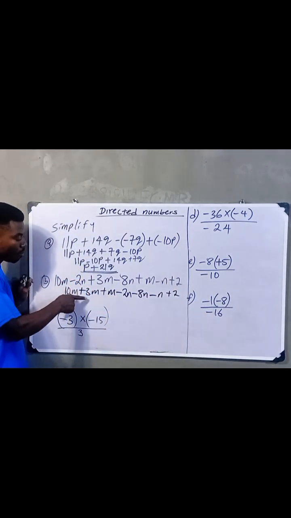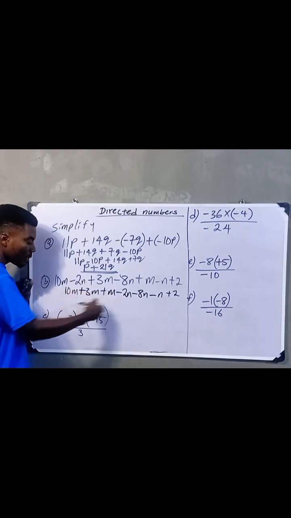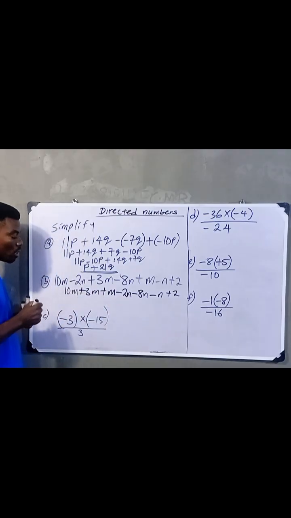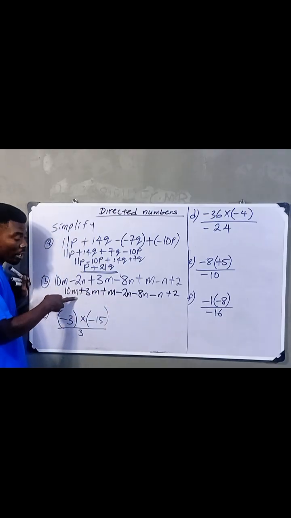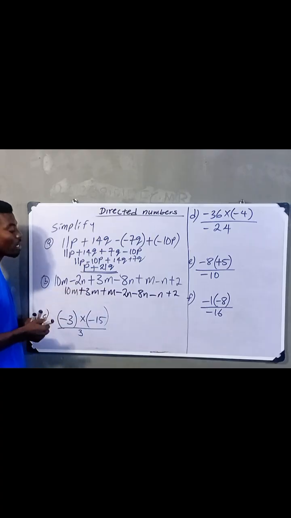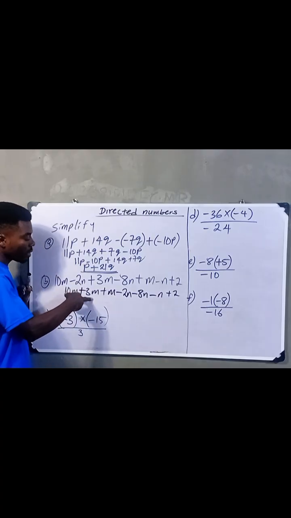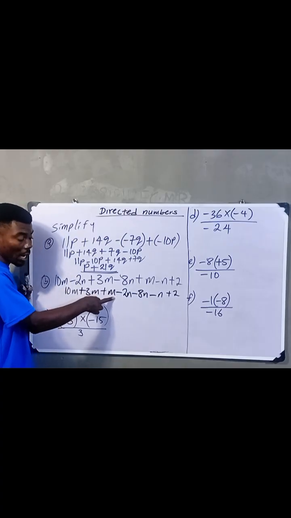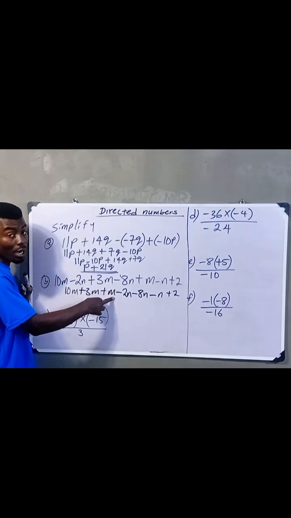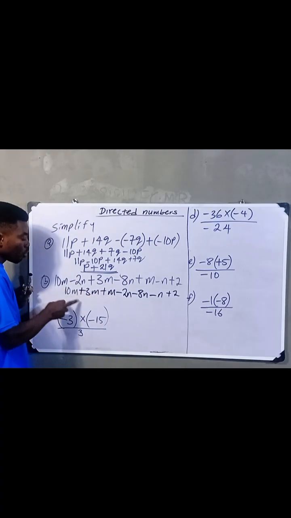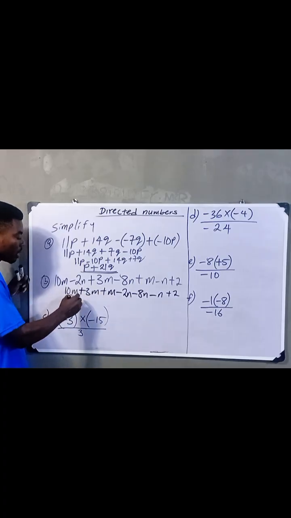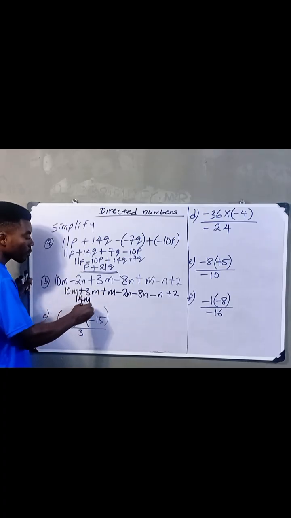Then 10m plus 3m plus m. These are similar terms because they have the same variable. We can add or subtract them. So 10m plus 3m gives us 13m plus this m here is 1m, though the one is not visible. So 13 plus 1, 14m.